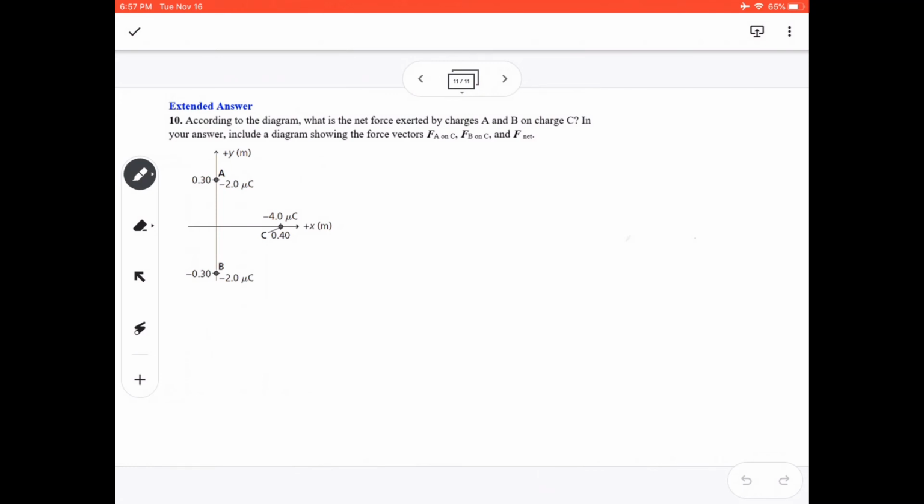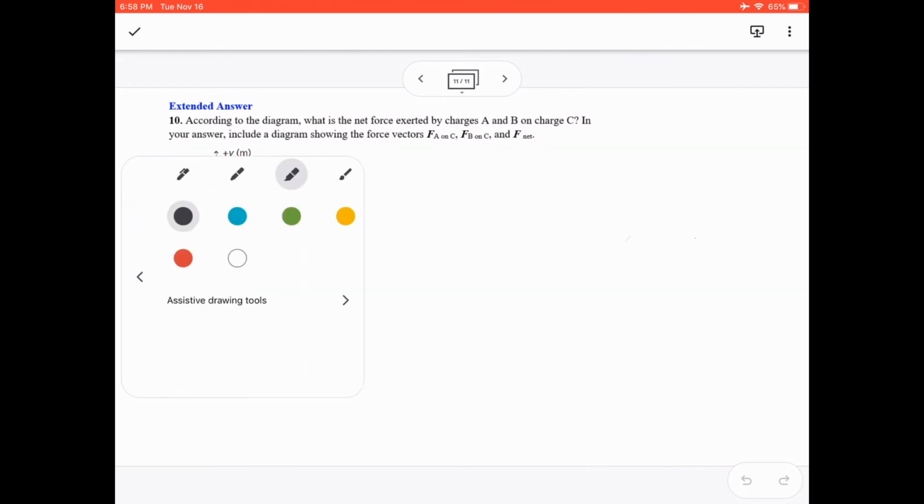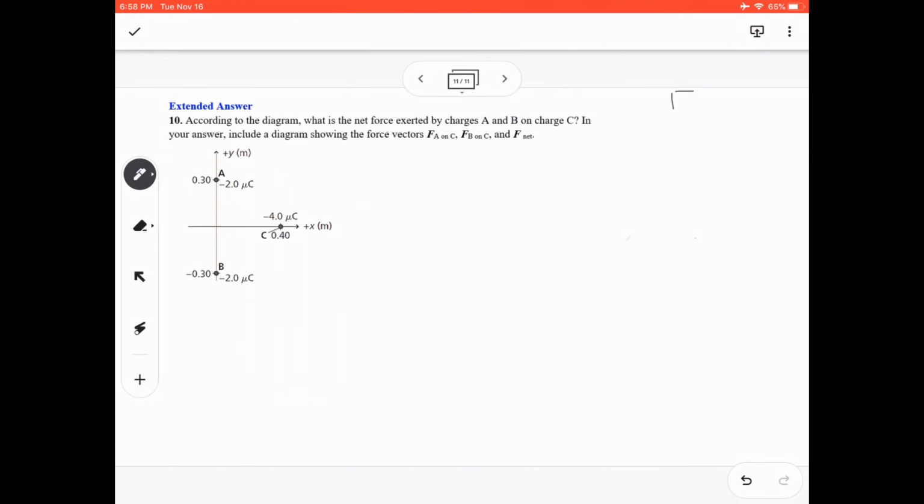So this problem is a combination of Pythagorean Theorem, Pythagoras, as you know, and net force, and of course the formula, never ending, never dying. F is equal to K Q1 Q2 over R squared. In this case, we're going to use QA, QB, and QC for the charges.